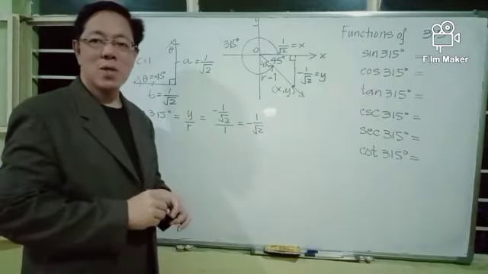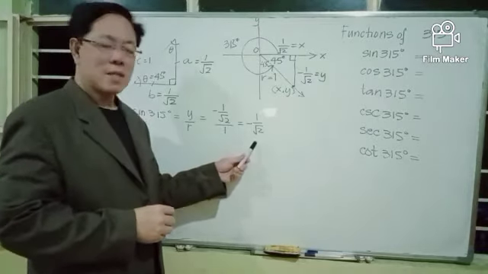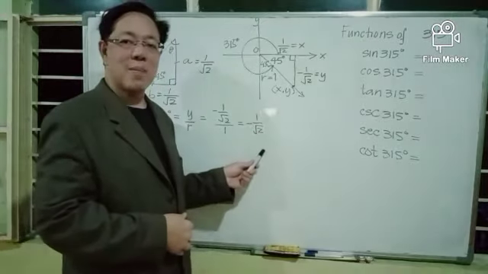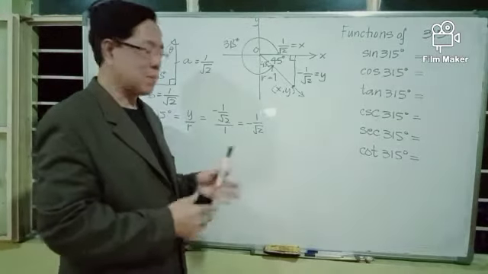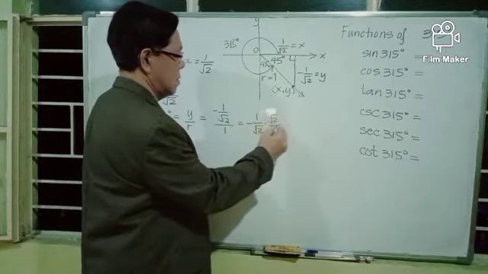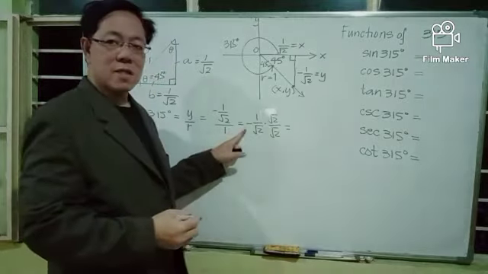And we want to remove the radical sign from the denominator. So we rationalize the denominator by multiplying numerator and denominator by square root of 2. And the sign is still negative.